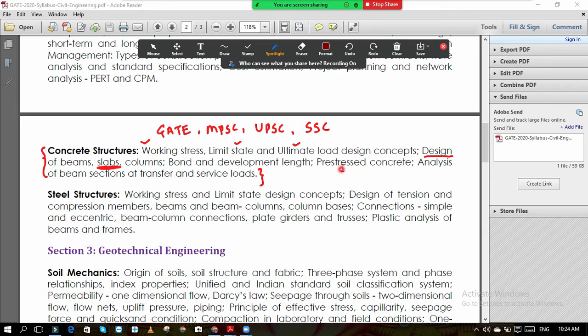I think you have not seen prestressed concrete, that I will explain later on. Then analysis of beam sections at transfer and service load, which is also part of prestressed concrete. All these things we are going to cover in these lectures.